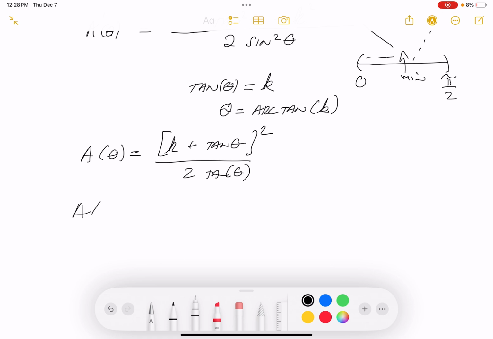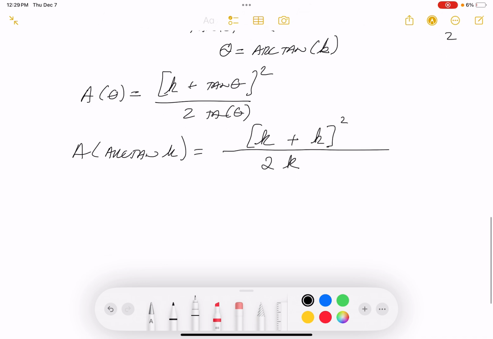And we're going to write down A of arctan of k. Wow, that's crazy looking. What's this going to be? k plus, well, let's see. If theta is arctan of k, the tan of that would just be k. I'm going to square that now. On the bottom is going to be 2k.